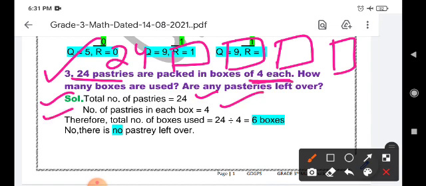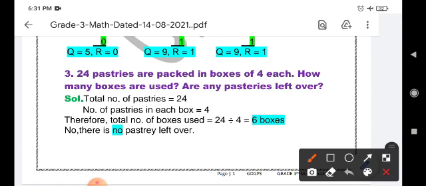So now we will get the total number of groups, that is, the total number of boxes here. We don't know how many boxes we are having, but in each box we are having 4 pastries. So this is simply a question of division. How many are used and left over? Because what we do, we multiply and subtract in division. How many means multiplication.